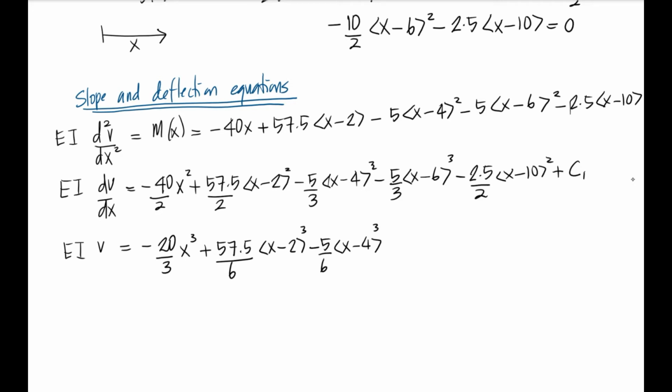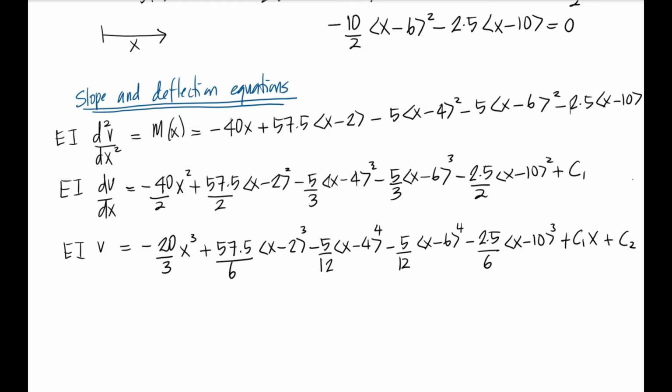Right, sorry, this is 5 divided by 12 to the power of 4, minus 2.5 divided by 6 (x minus 10) to the power of 3 plus c1x plus c2.